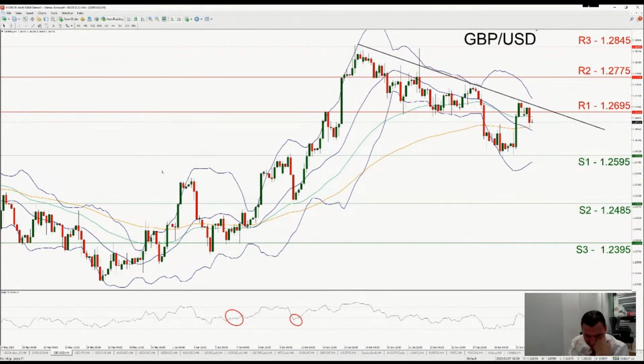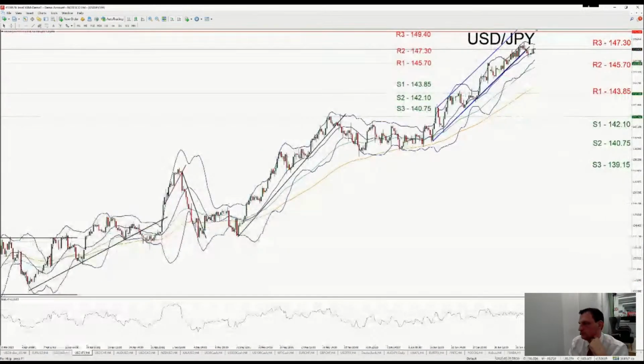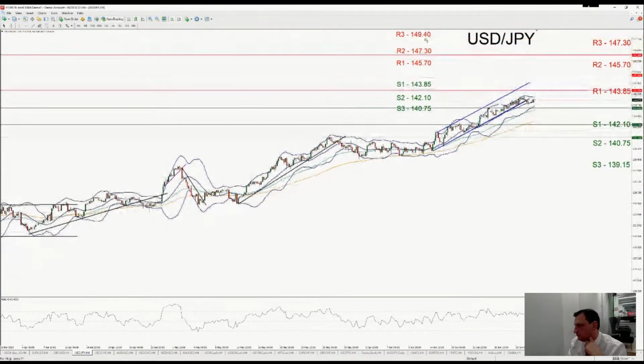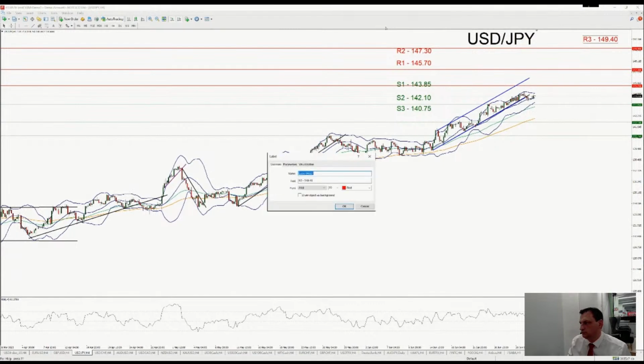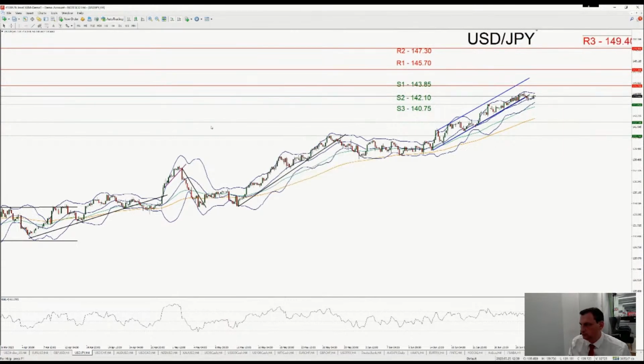Okay, let's have a look at USD and JPY. Let's magnify the labels a little bit.